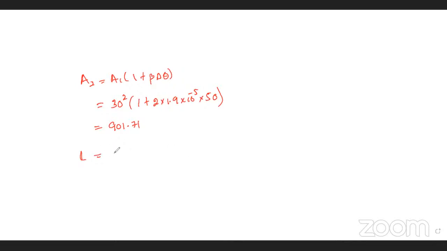So it will be approximately 30.03028 centimeters. Now the surface area: there are 6 sides, and this is the area of one side, so the total surface area is 6 times this.